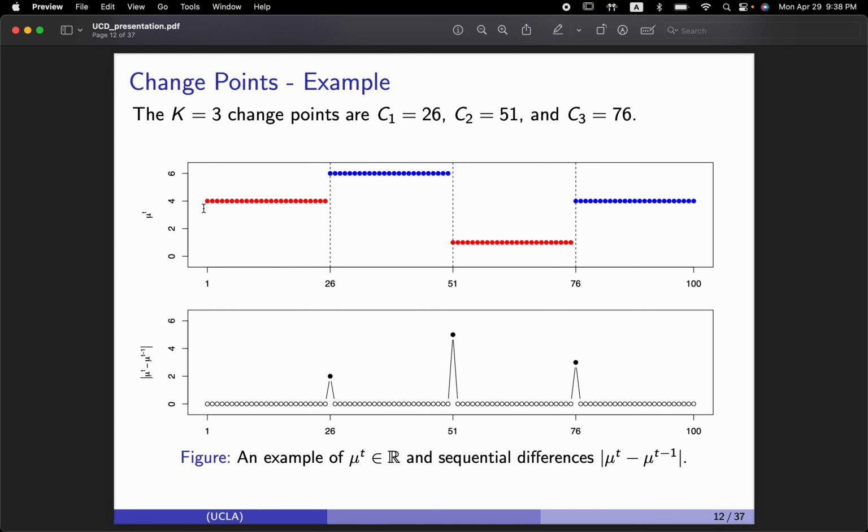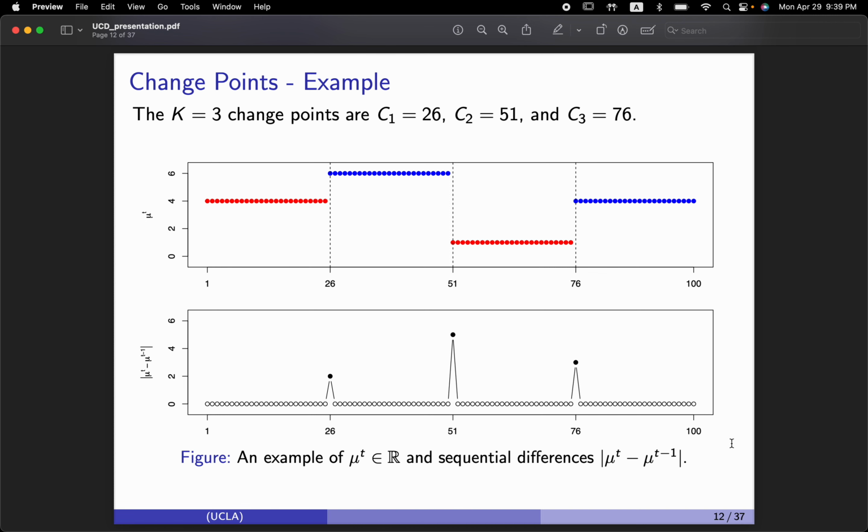As you can see, the mu's in between two change points are all equal, but the mu's before and after a change point are different. Here we are also plotting the sequential differences. The differences in between two change points are all equal to 0, and only at a change point will you see a spike or a jump.